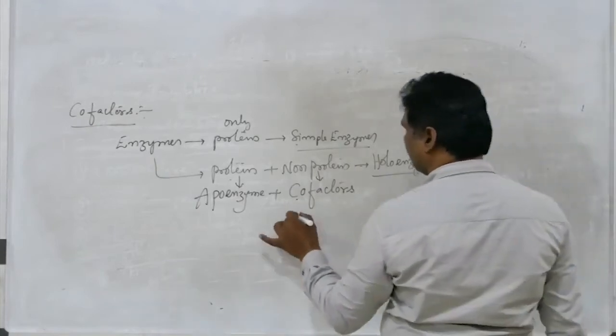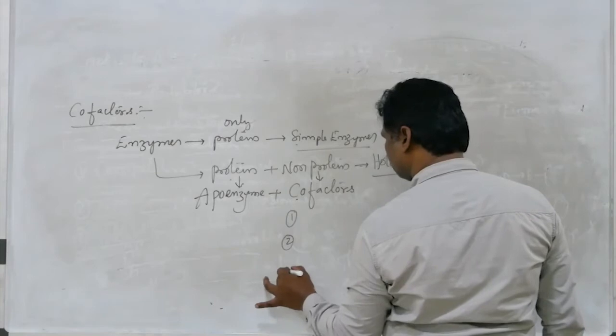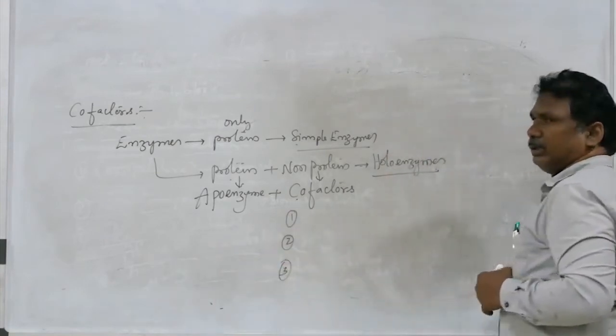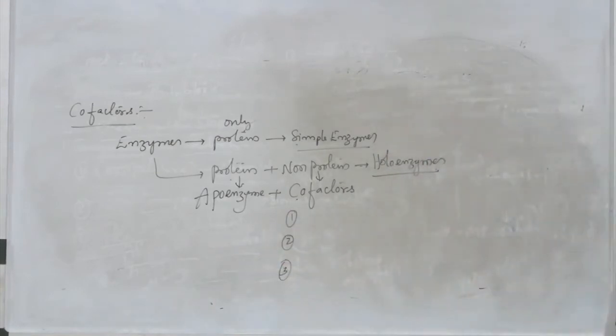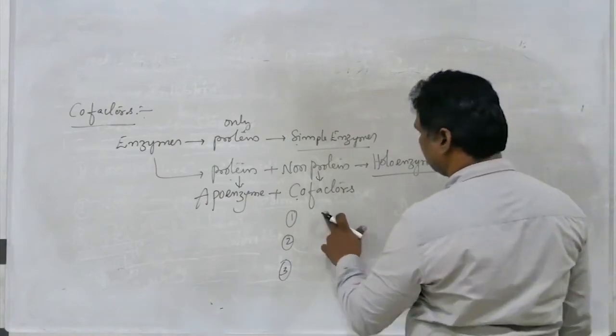There are three types of cofactors. We can go through them one by one.